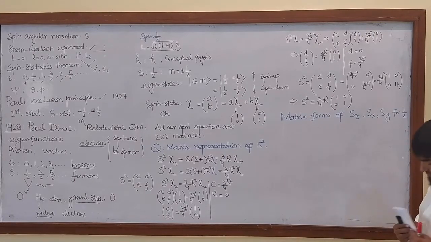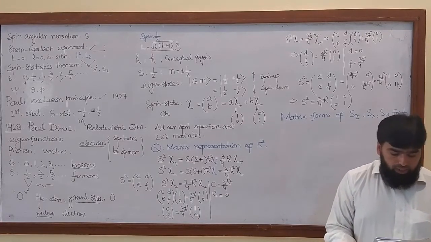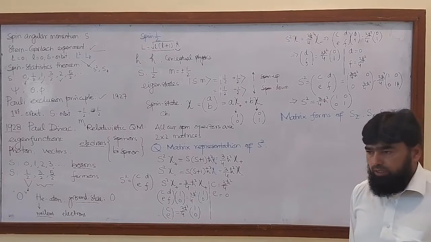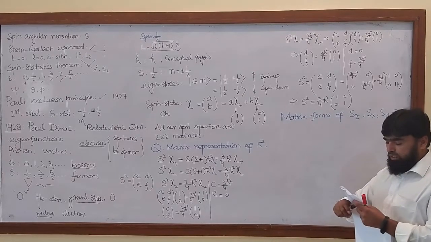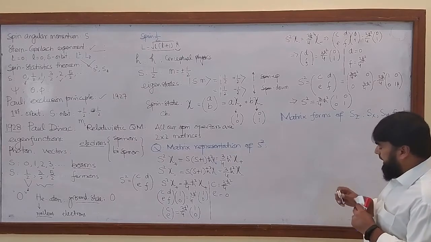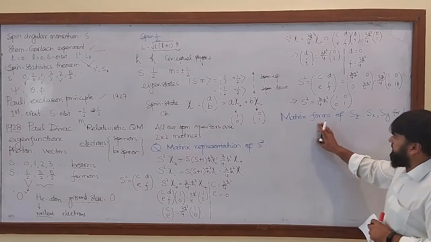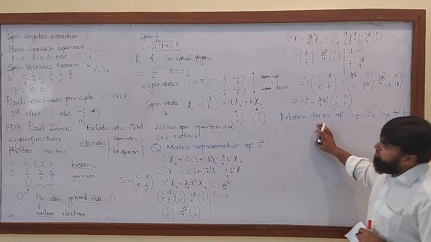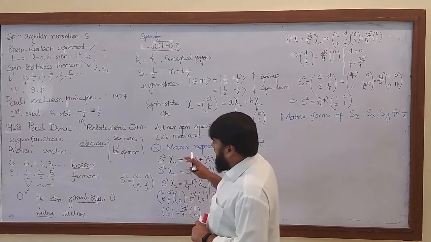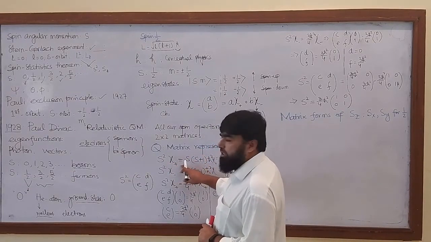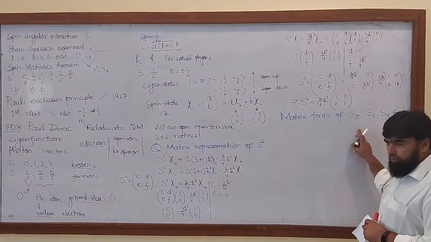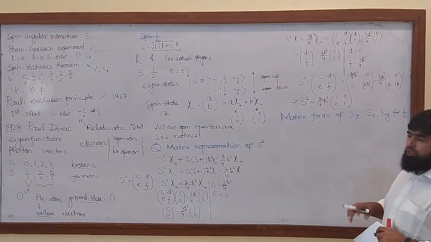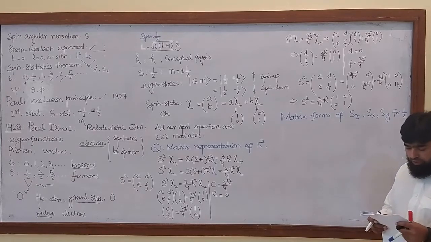Means how this will look like. The very first thing that we will have to do here is to first find an equation form of this. First we will find the equation form, and then we will convert the equation into matrix form.